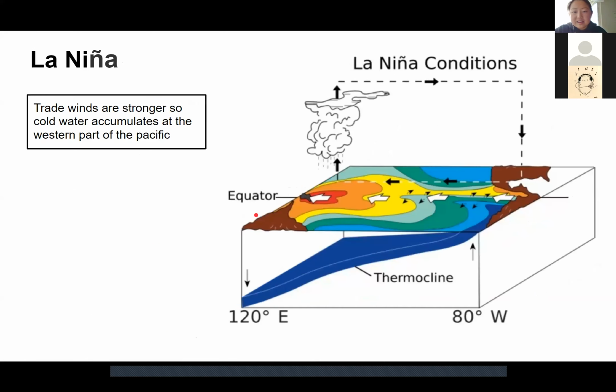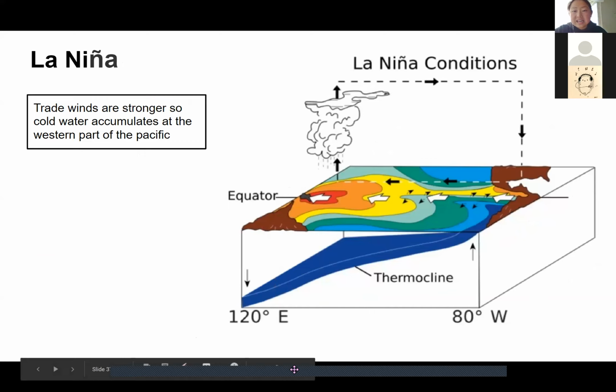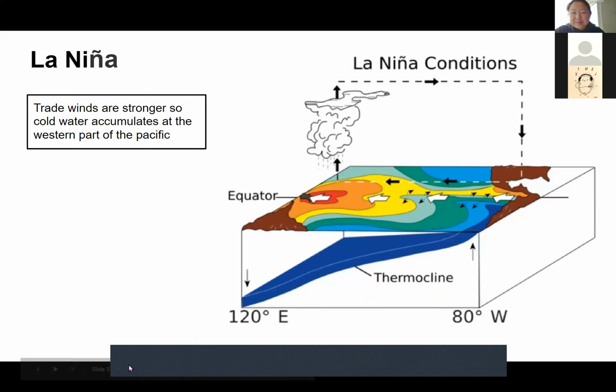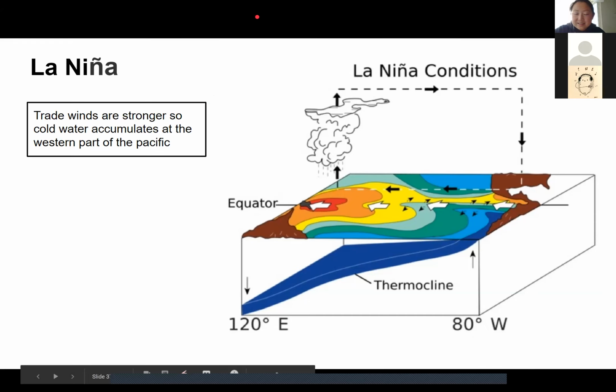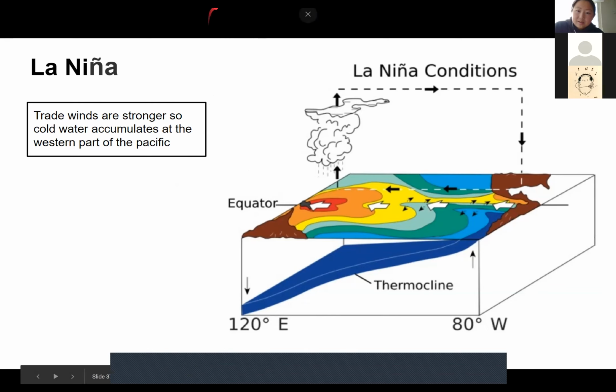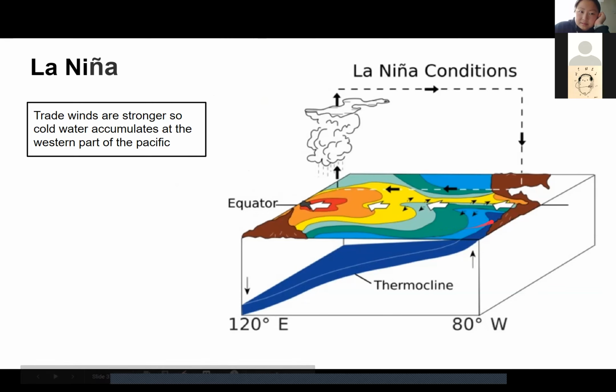Okay. So La Nina is when the opposite happens. So Caitlin, I don't know if you want to talk about this one. Well, okay. So compared to normal years, the trade winds are a lot stronger, like it says.